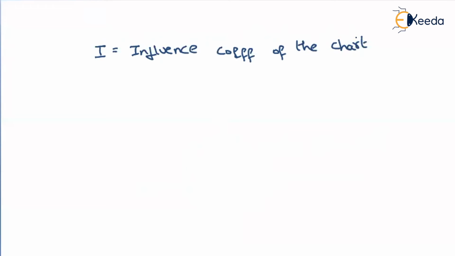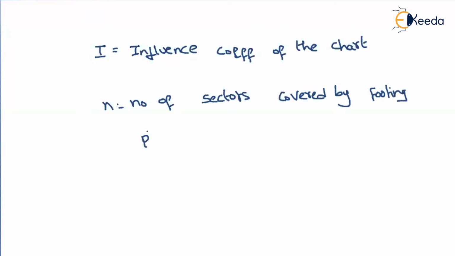N is the number of sectors covered by the footing plan. And Q is nothing but the load intensity, and it can be in any unit like Newton per meter square, kilonewton per meter square, like that.